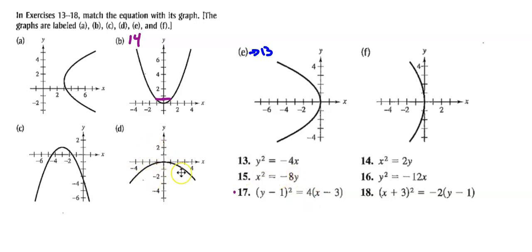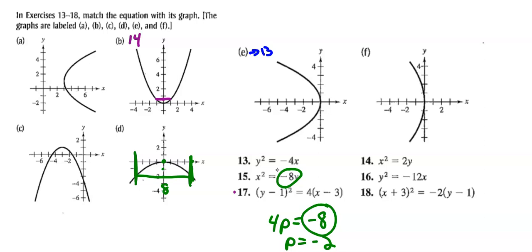It's going to be letter D, but just to show you how the 4p thing works out, 4p must equal that coefficient, -8. So p's value is -2. So from the vertex, we go down 1, 2, and this should be length 8. Notice this is at x equals 4, this is x equals -4. That distance must be 8, which is the value right here of our coefficient, if you take the absolute value for distance. So this is number 15.